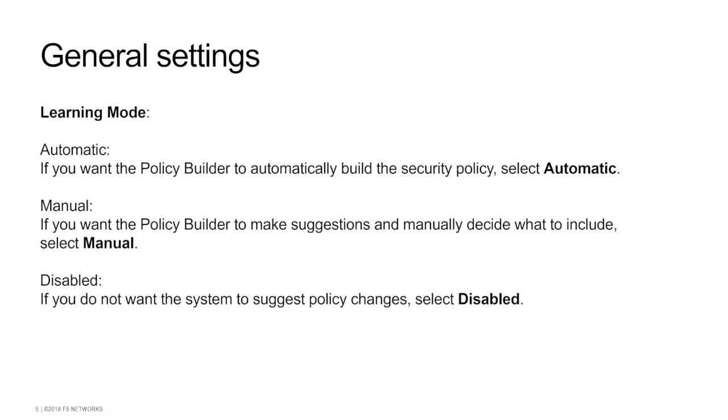Going to the next setting in the general settings, which is learning mode, we have three types: automatic, manual, and disable. Talking about automatic, in automatic mode your policy builder automatically learns the suggestions through the application traffic flowing via ASM, and with those learning suggestions, it builds the security policy.